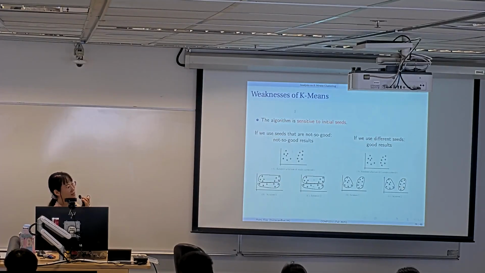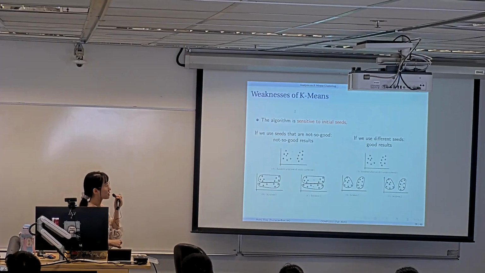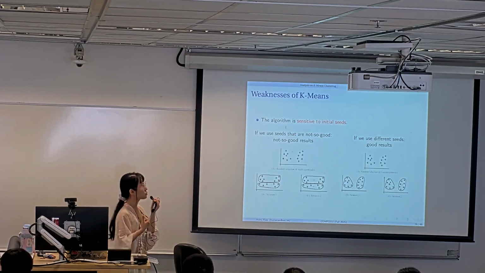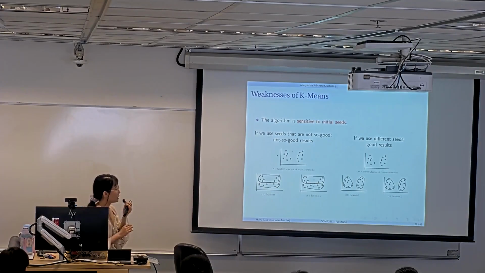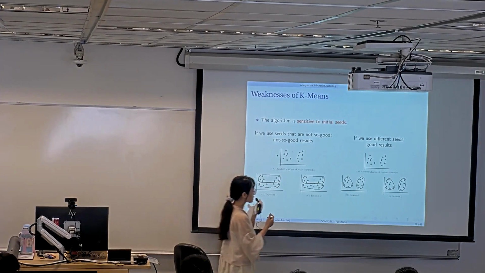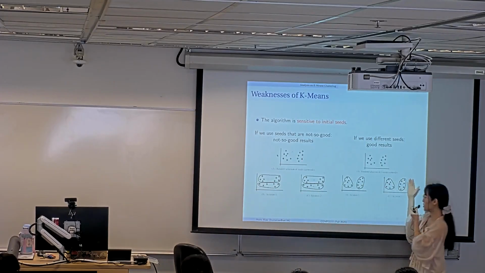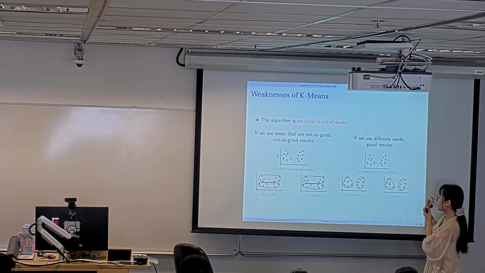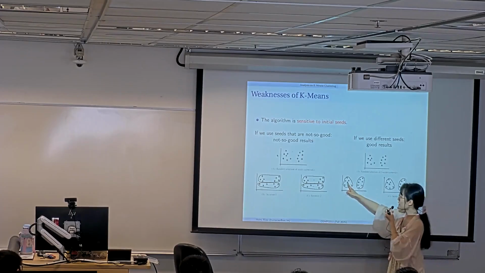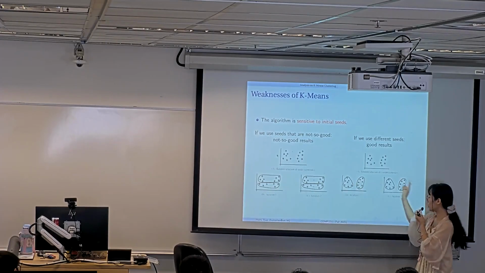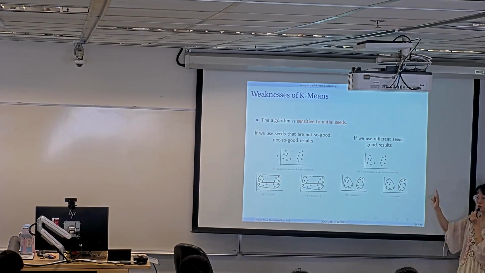Another weakness, as you already know, is that k-means is very sensitive to initial seeds. If we use seeds that are not so good, we will end up with not so good results. If we have a data set like this, the natural clustering should look like this, right? We just separate them into two groups. If we select the centroids like this, one here and one there, we will end up with good clustering results.